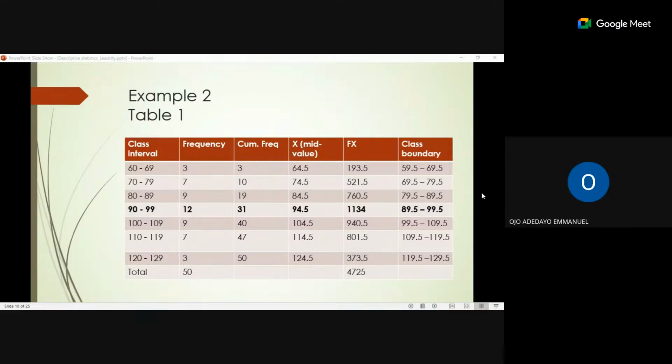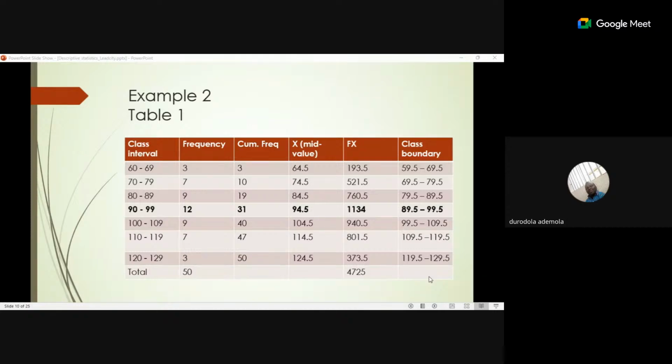Duro Dollar, you can ask your question. Thank you very much for the job well done. To add to what has been taught so far, to get the class width, I think we can as well use the lowest or the highest class boundary of the first interval and the second interval, subtracting the first from the second.